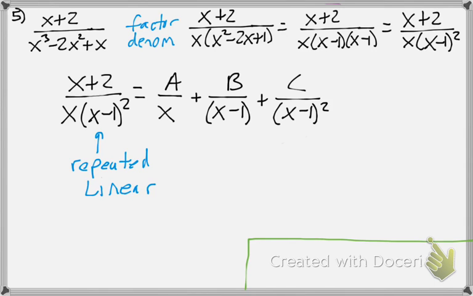So I want to just take a quick second to explain that again. I'm going to pretend that, let's say this was something over x times x minus 1 cubed instead of x minus 1 squared.